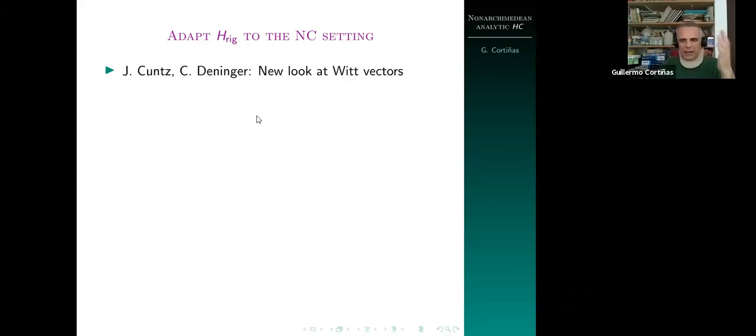As far as I understand, this project initiated in joint work of Joachim Cuntz and Christopher Deninger, where they proposed a new way of looking at Witt vectors, which are the V, this DVR V that appeared in the previous slides, and so the lift of a field to characteristic zero, to a DVR of characteristic zero. And they wrote two papers, one in Münster Journal of Mathematics and another one in Journal of Algebra.